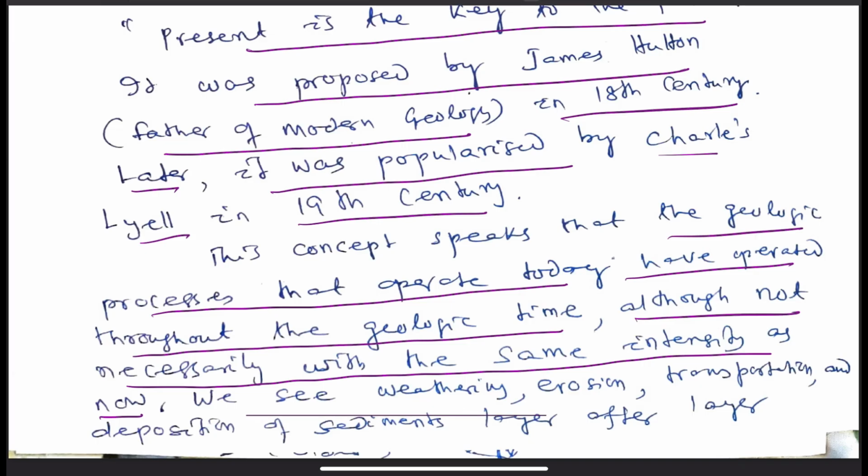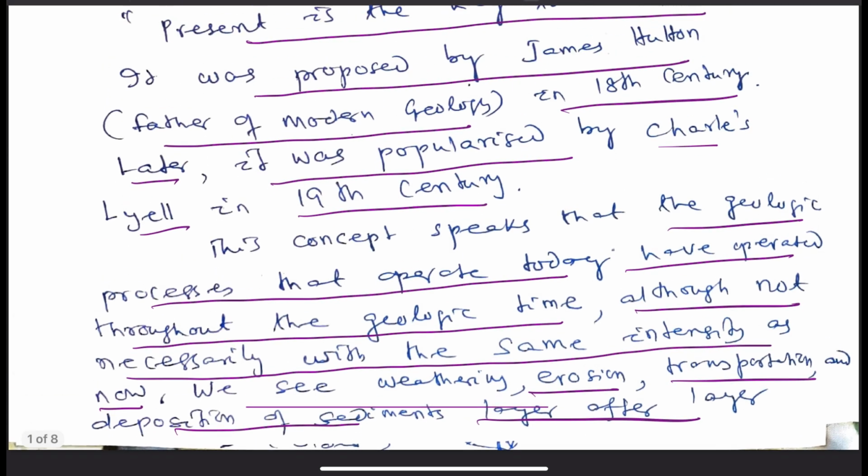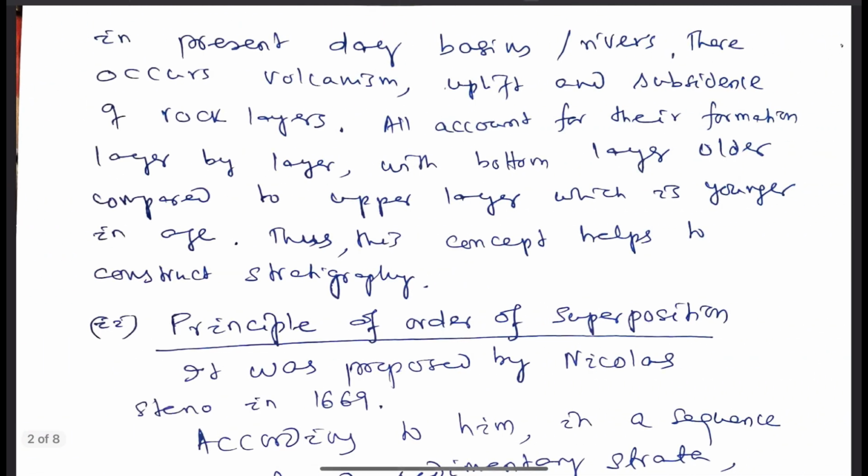So, we see weathering, erosion, transportation and deposition of sediments layer after layer in present day basins caused by the geomorphic agents or agents of denudation, caused by rivers, wind, glaciers.